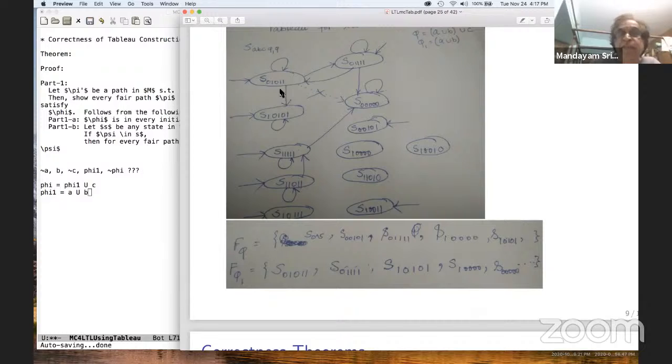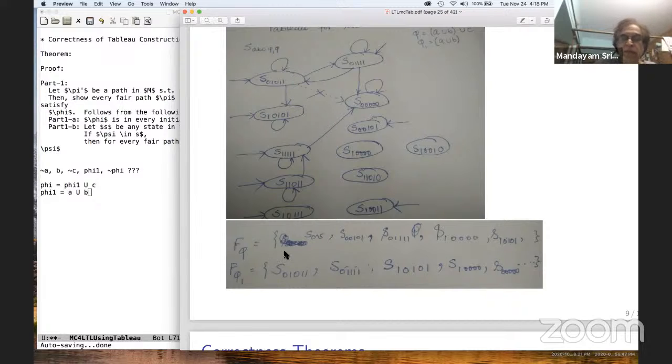This property that I just mentioned, that every formula included in a particular state is true, holds only for all the fair paths originating from that state, okay?